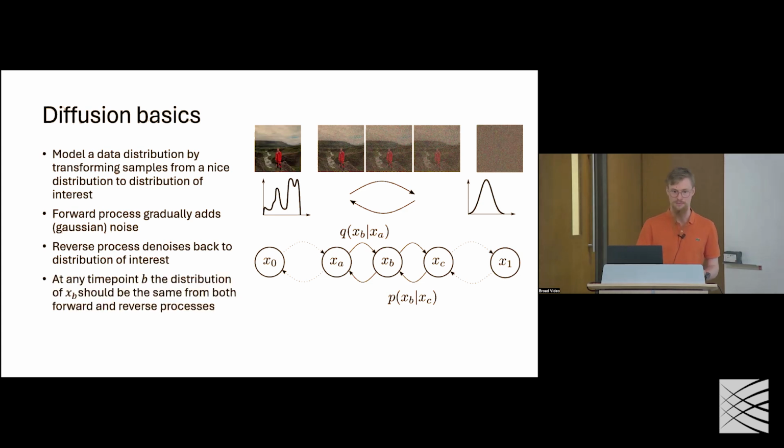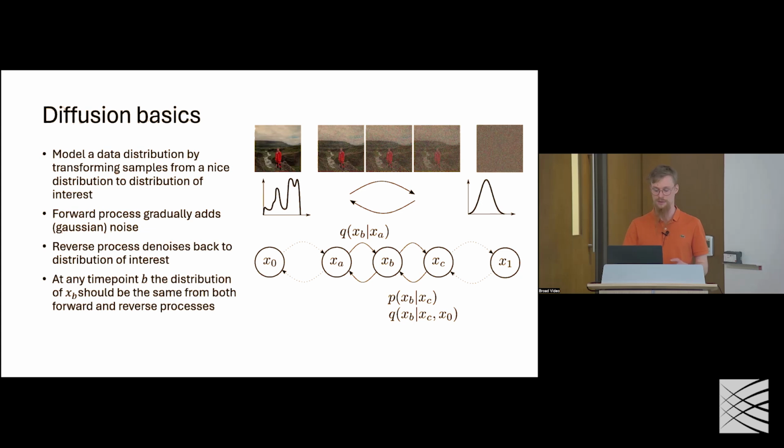At any time point between 0 and 1, we would like to have the same distribution whether we go from the forward or the backward. One could simply take the forward and the backward and match them, but this would be computationally unfeasible, because you would need two random variables and a Monte Carlo estimate of that.